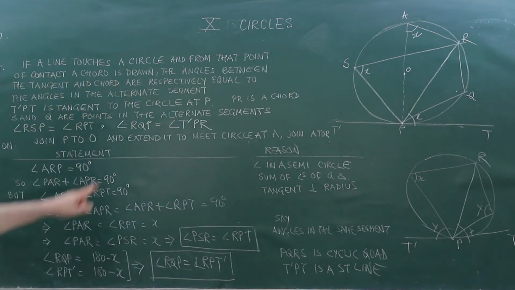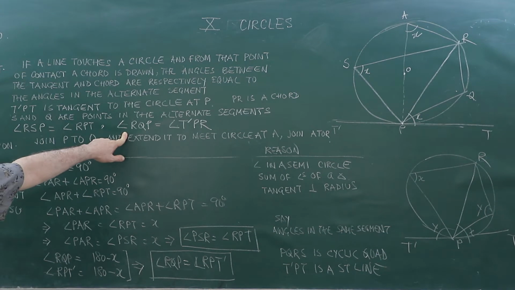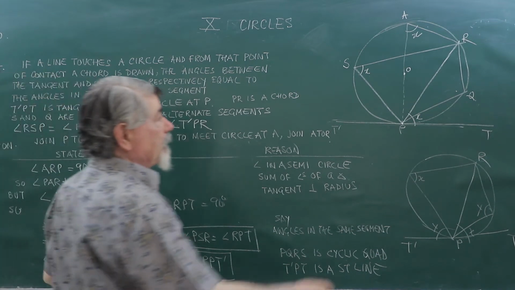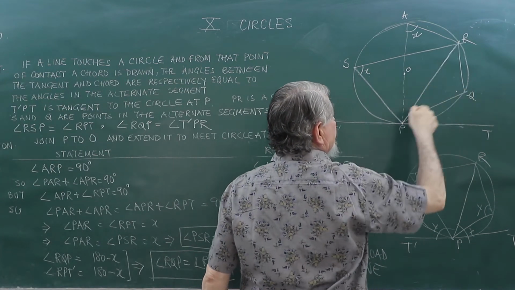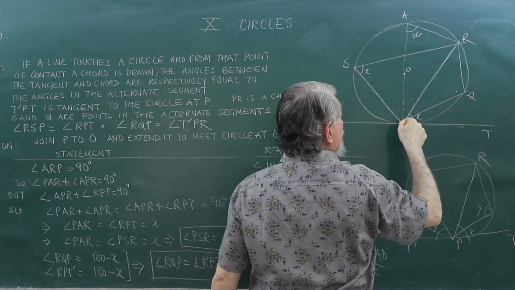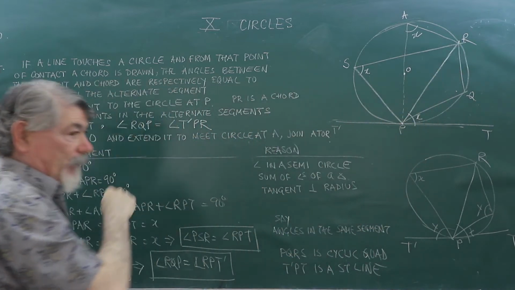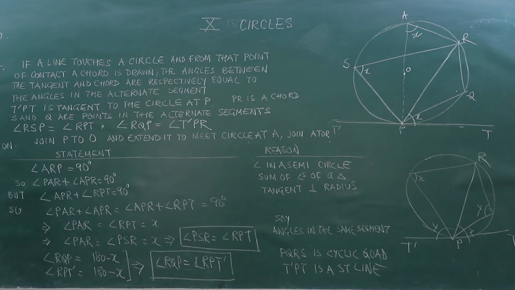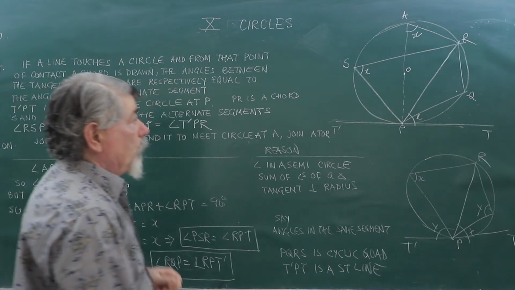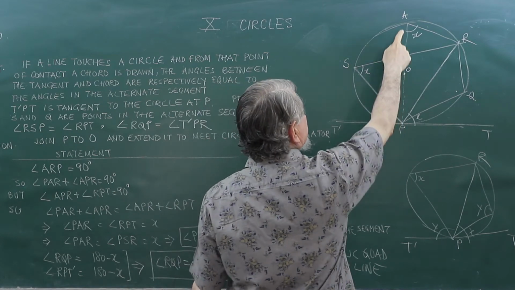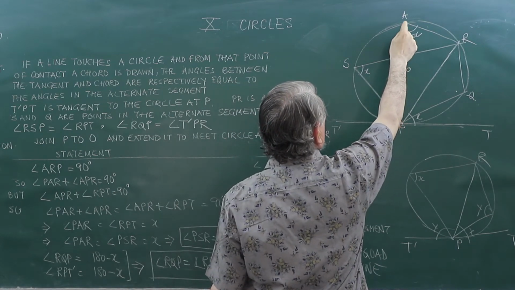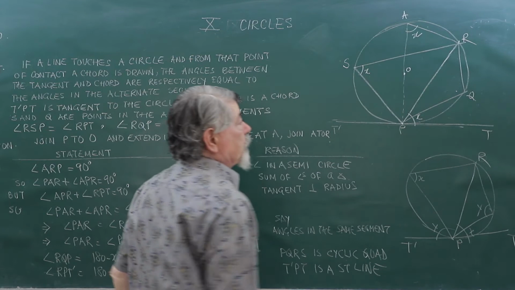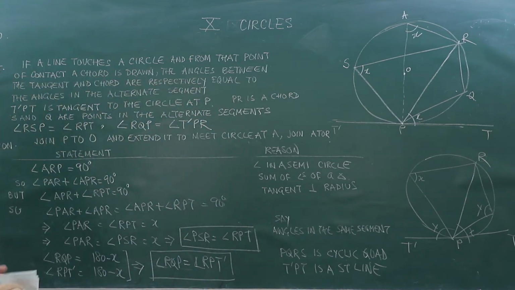And similarly angle RQP, this is the angle in the alternate segment, RQP will be equal to RPT'. What we have done, the construction, we have joined P to O, the center of the circle, and extended it to cut the circle at point A and joined A to R.